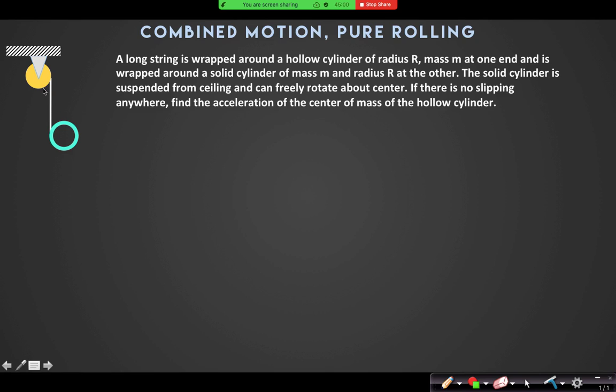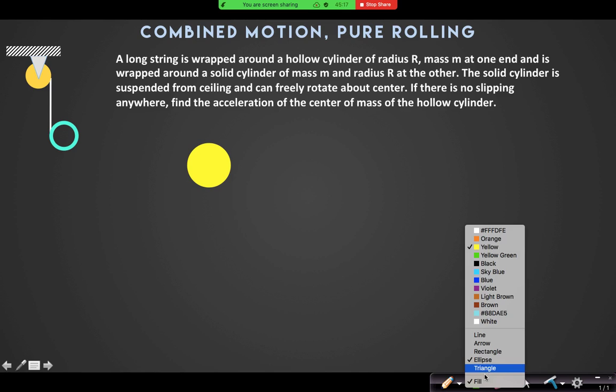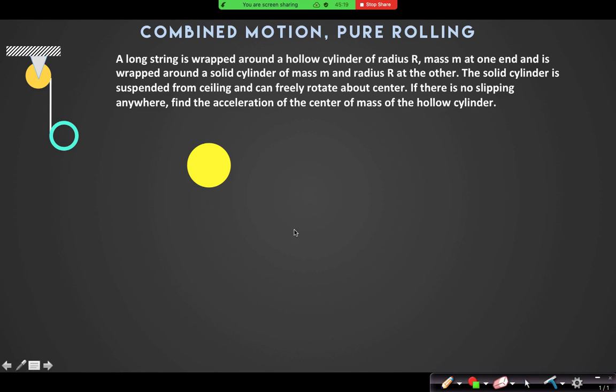One is a solid cylinder, another is a hollow cylinder. So let me draw them one by one. First this yellow color cylinder, and then this is a hollow cylinder. Suppose this is the hollow cylinder.